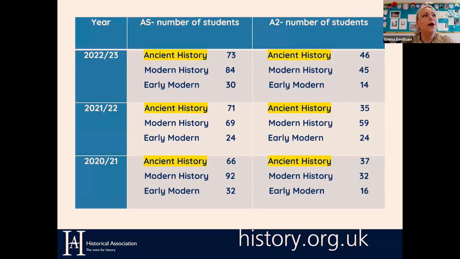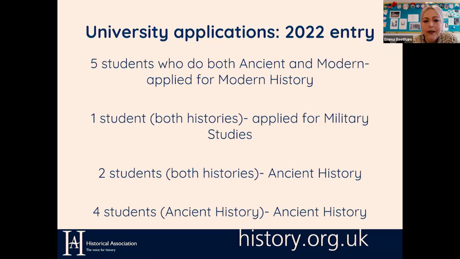So we do get quite a few students that do a couple of sciences and a maths and go, oh, I'll throw a history in there so I can keep my options open. The results aren't particularly different from those students, but that's normally how it's accounted for. So you can see this year I've currently got 73 students in first year and I've got 46 students in my second year. They've just left, but those are my numbers.